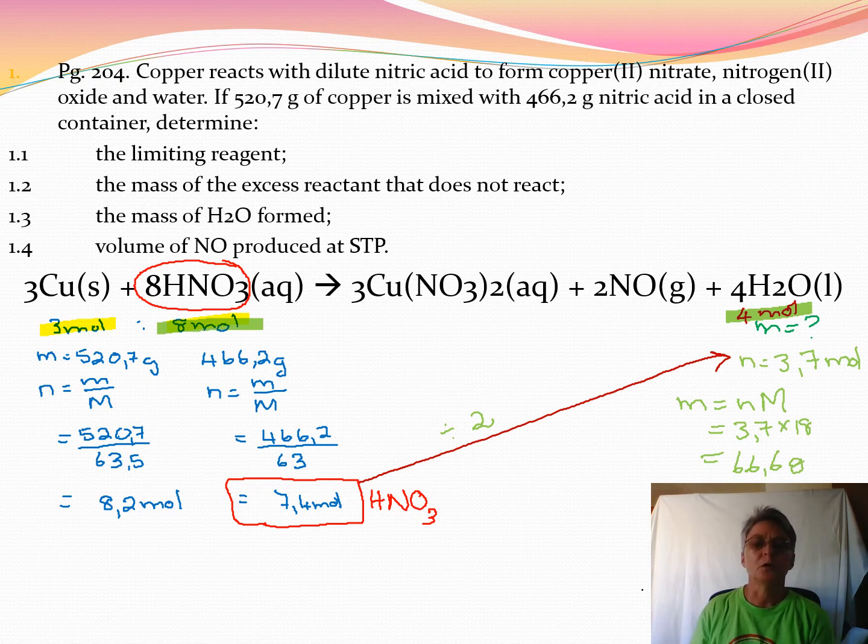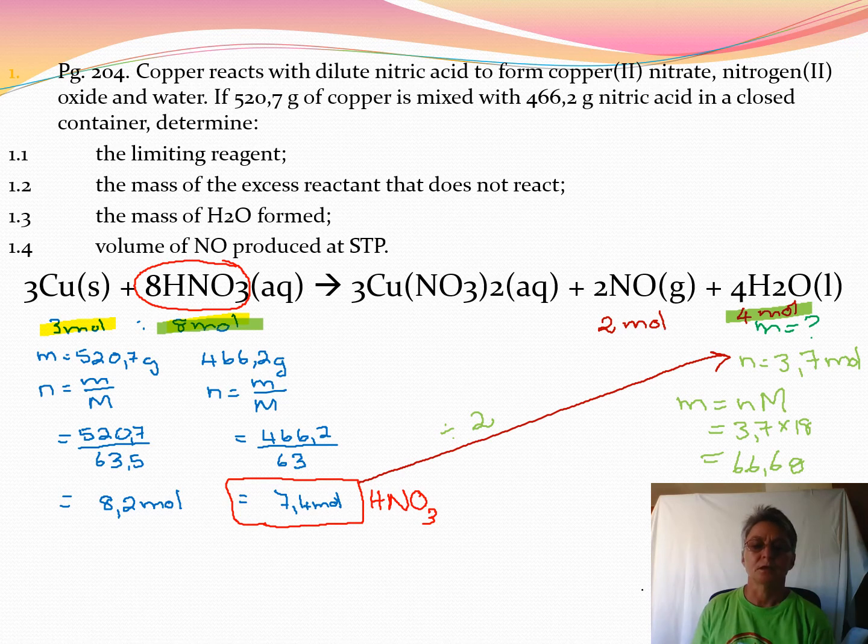What volume of nitrogen monoxide is produced at STP? For that, we need to know the moles of nitrogen monoxide are half the moles of water.